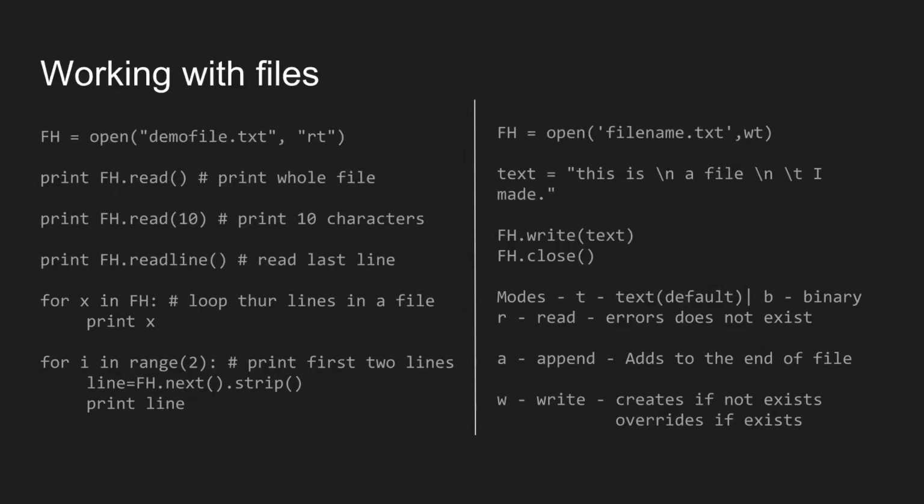Yeah, you're missing quotes on the open. Right, the mode 'w' for write. Yeah, I need the quotes. Right, this does need quotes. So we're going to open the file for writing, and then we're going to use the write function, write our string into the file, and then close the file.